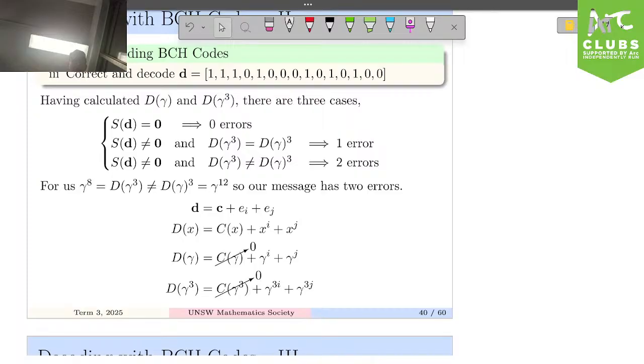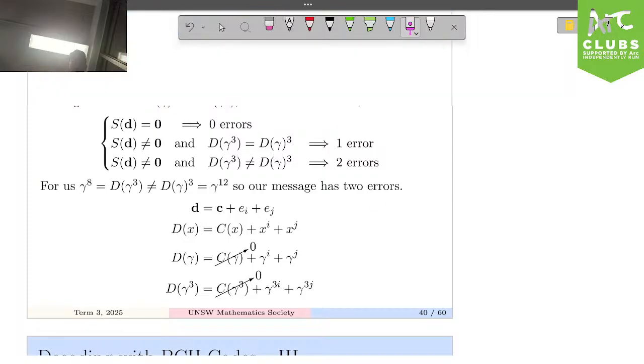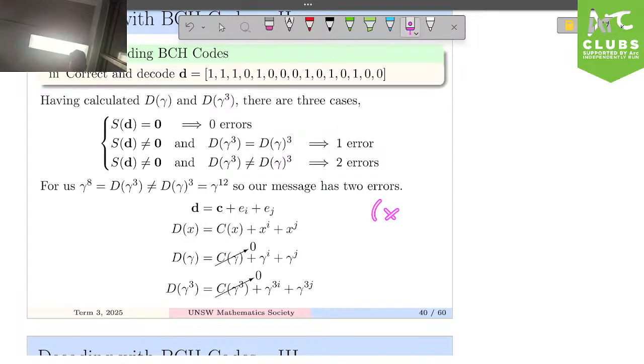And actually, what you can show is for gamma cubed it will also be 0. The reason for this is something that I haven't shown you, but it's very interesting: in a field, x plus y to the p actually equals x to the p plus y to the p.